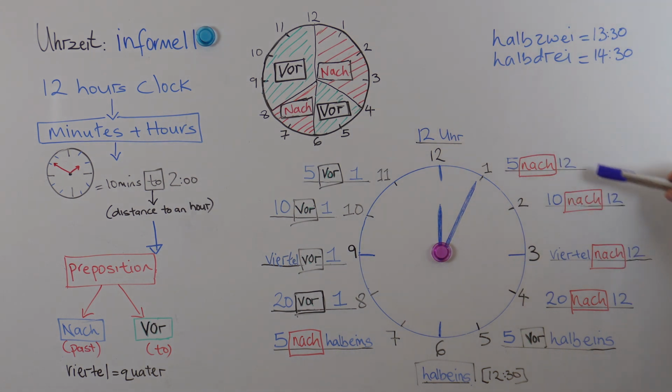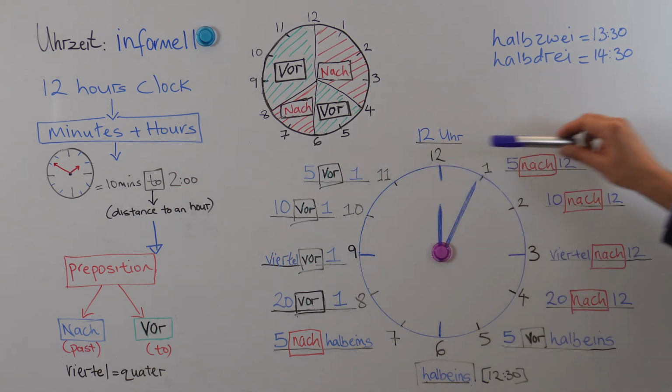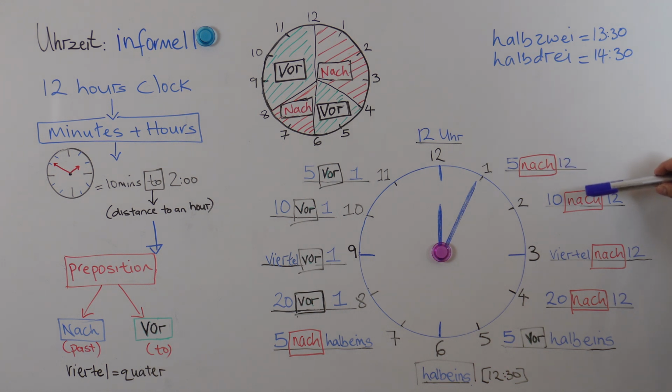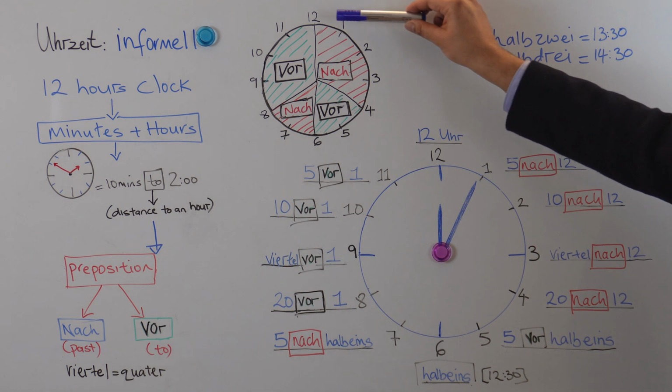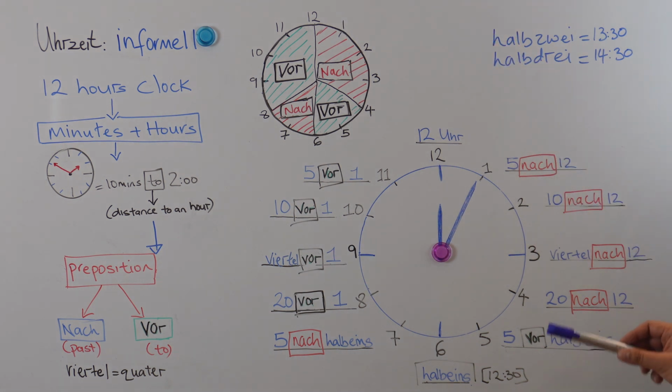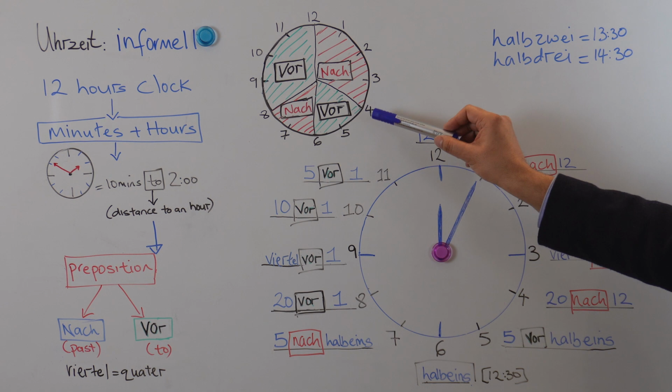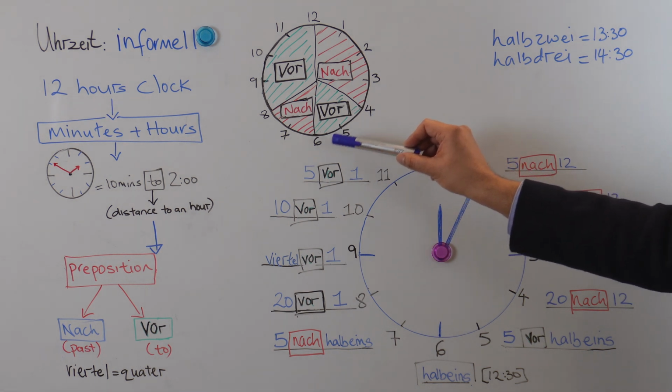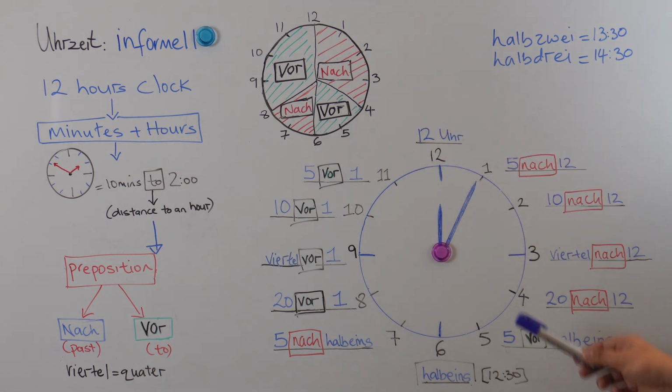As you can notice from this clock, you have nach till 20 minutes. And then after nach, you have vor till halb eins. So after 20 minutes to 30 minutes, you use vor, just like 5 vor halb eins.